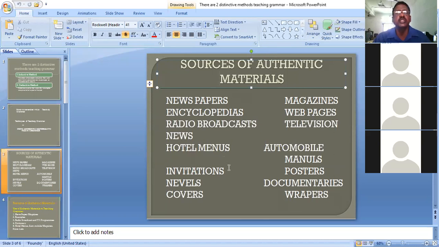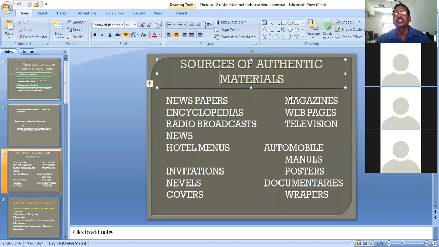We have to observe some of the invitations. And novels. Make them read novels, cultivate the habit of reading novels. And covers: on the cover you can find some sentences. And magazines.